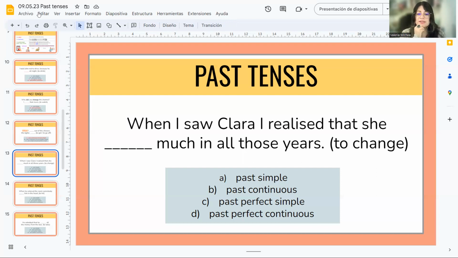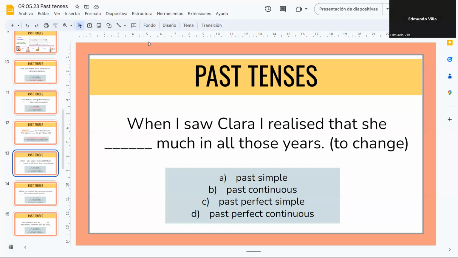Does anybody want to tell me why they chose the answer that they chose? Or are you shy tonight? Who do we have? I don't see it. Yeah, Edmundo? Yes, I think it's past continuous. Yeah, why do you think it's past continuous?